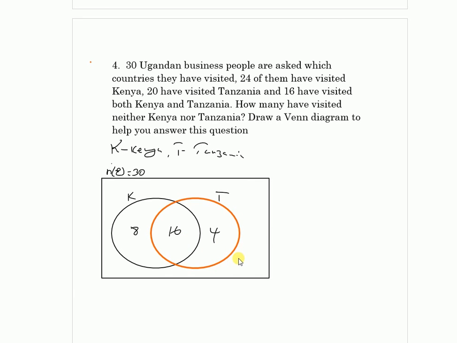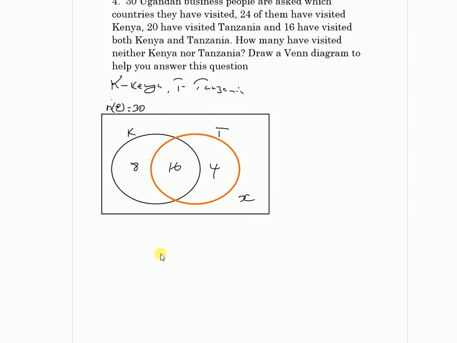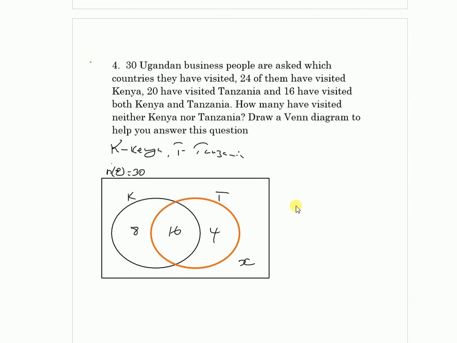Then let X be those who didn't visit these countries. They don't know what they are missing. So let us add everything inside the two circles, and also everything inside the quadrilateral, and equate to 30, the universal.